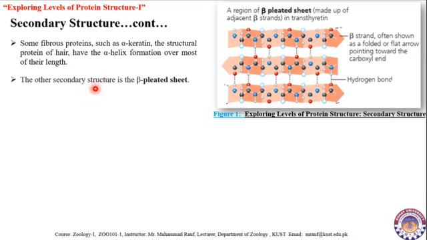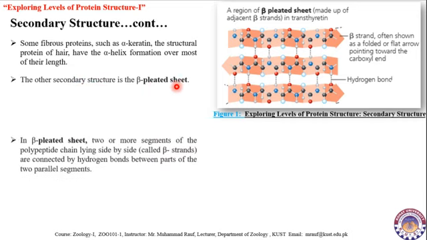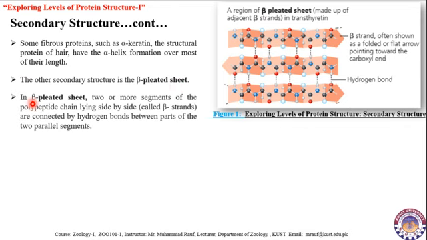The other secondary structure is the beta-pleated sheets. In beta-pleated sheets, two or more segments of the polypeptide chain lie side by side. Remember, this is the beta-pleated sheet, and the segments of the polypeptide are lying side by side instead of forming a helix.